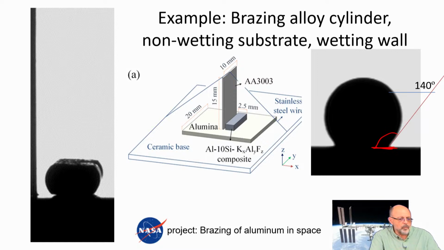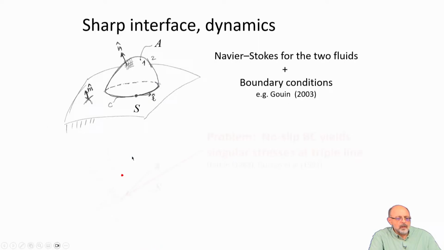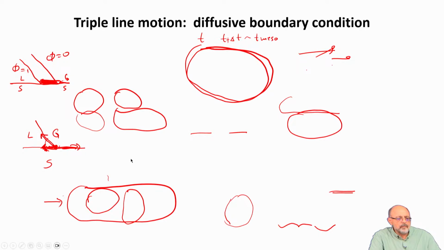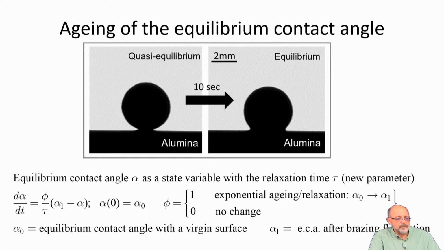And this is what you see. And this is an example of conservative phase field, right? Yes, that's a conserved phase field.